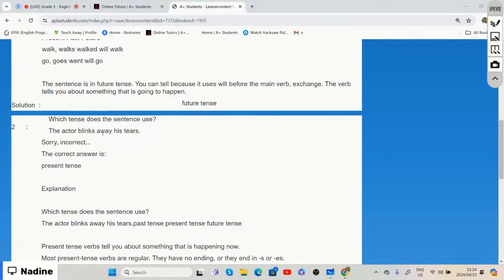Is that present tense, past tense, or future tense? The actor blinks away his tears.